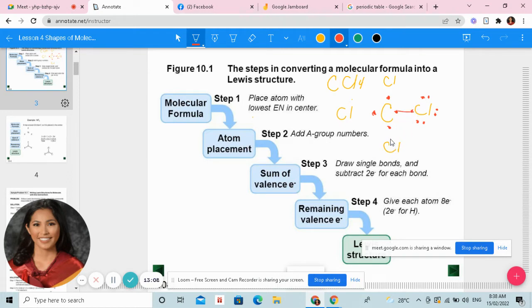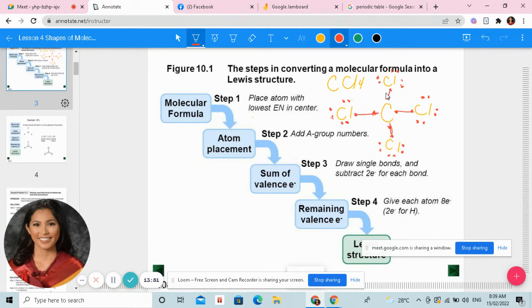Then we have one, two, three, four, five, six, seven. One, two, three, four, five, six, and seven. So forming one bond, and then we have one bond.